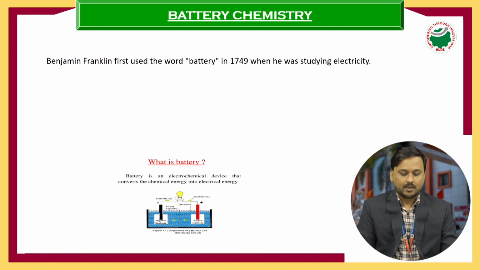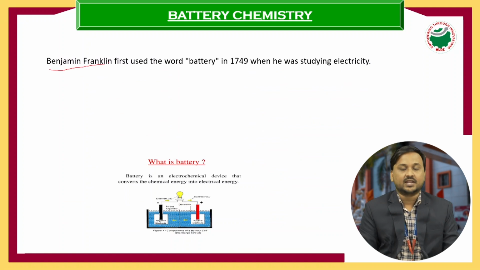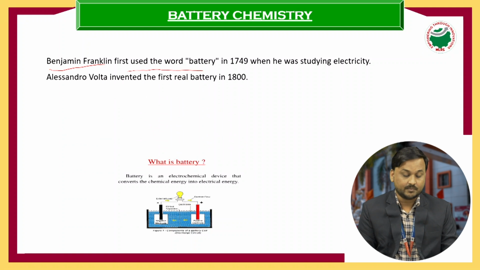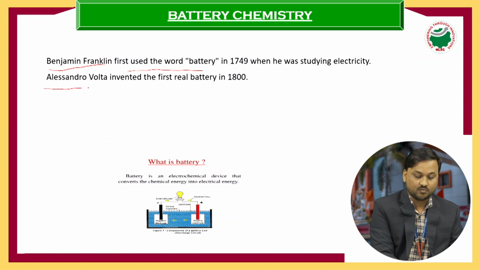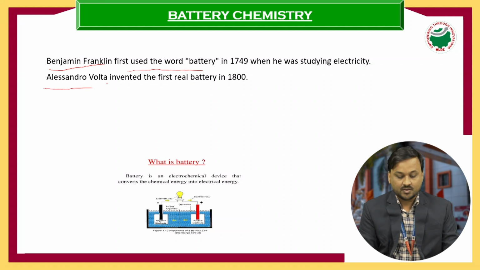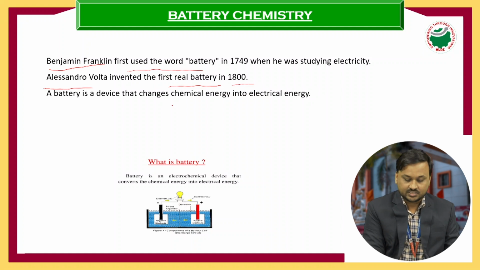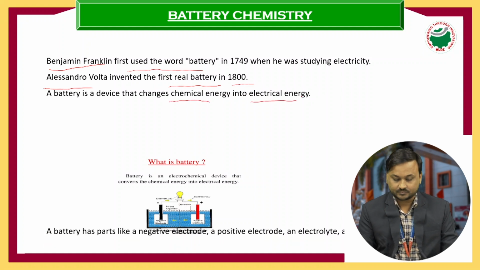Benjamin Franklin, an American scientist, first used the word battery in 1749 when he was studying electricity. After Benjamin Franklin, Alessandro Volta invented the first real battery in the 1800s. A battery is a device that changes chemical energy into electrical energy.